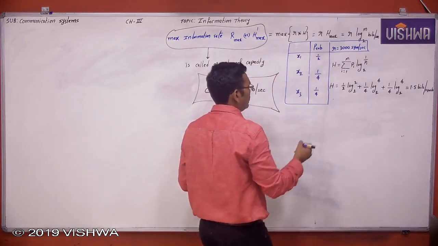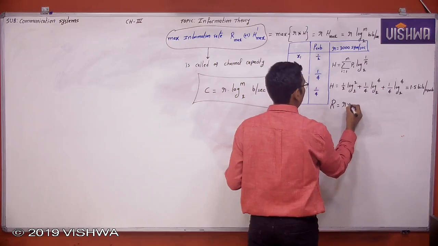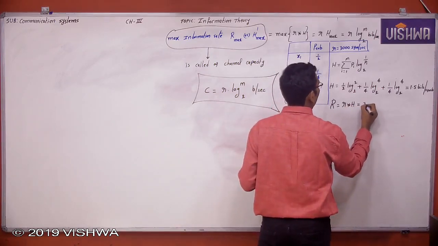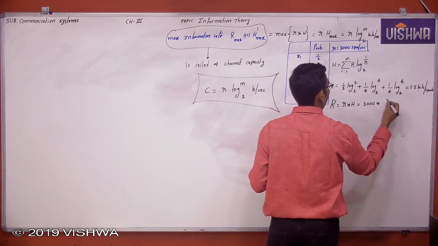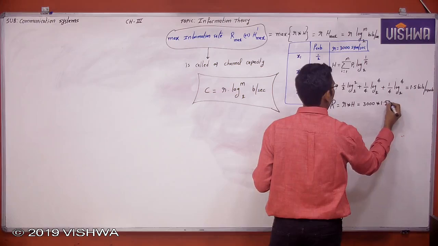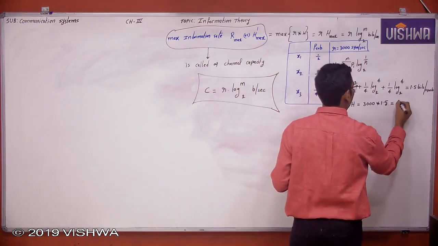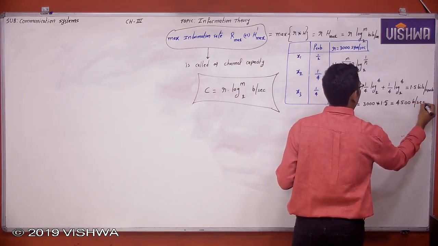Now what is the information rate? The information rate R is equal to symbol rate multiplied with entropy, which is 3000 symbols per second into 1.5, therefore 4500 bits per second.